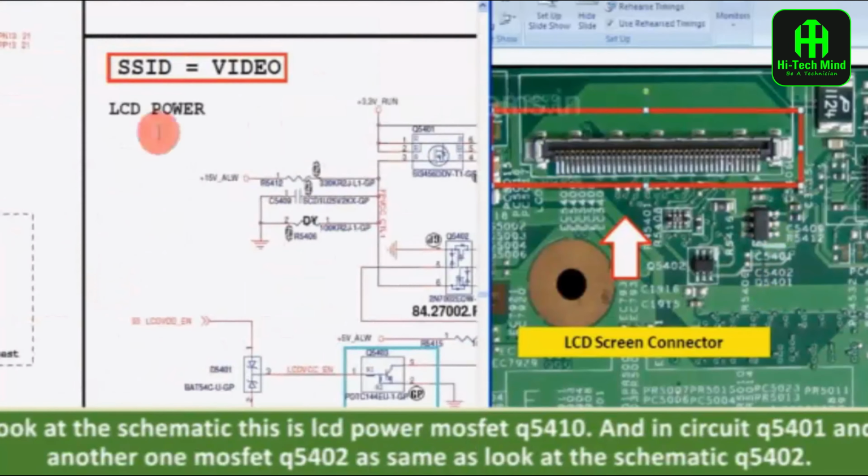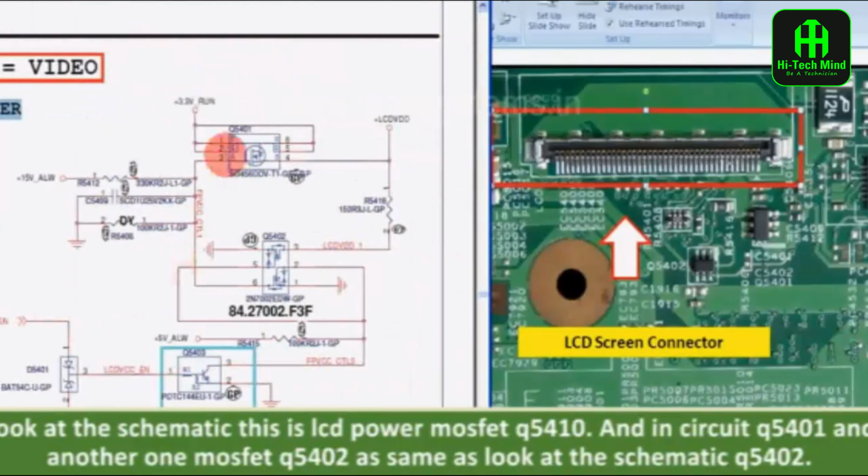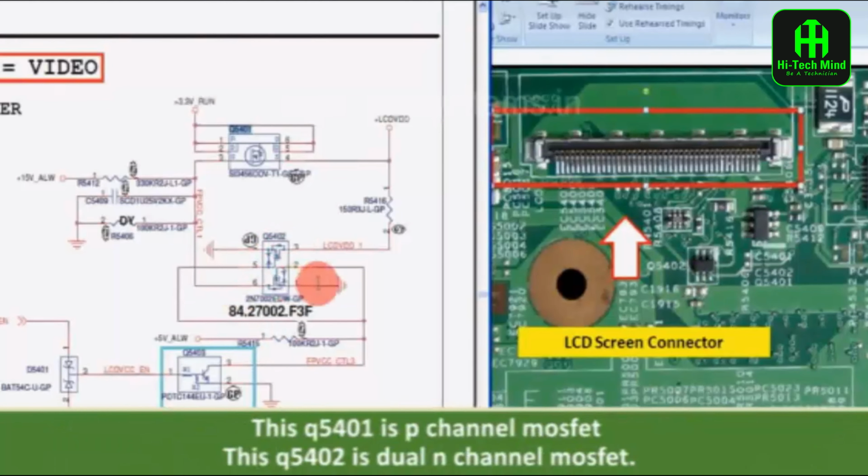Look at the schematic, this is the LCD power MOSFET Q5401, and in the schematic Q5401, and another MOSFET is Q5402. As same, look at the schematic Q5402. This Q5401 is a P-channel MOSFET. This Q5402 is a dual N-channel MOSFET.